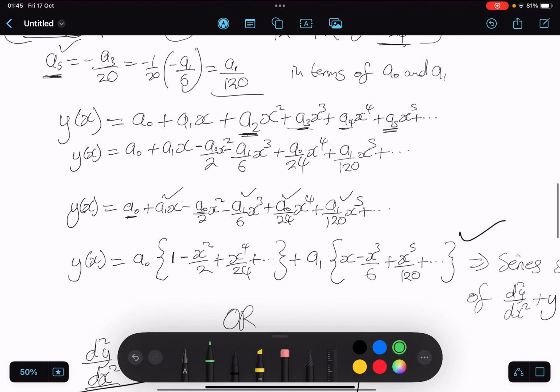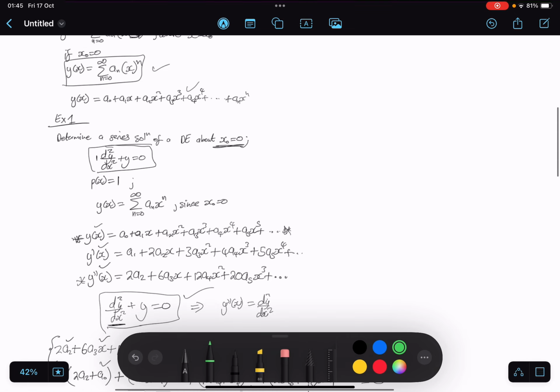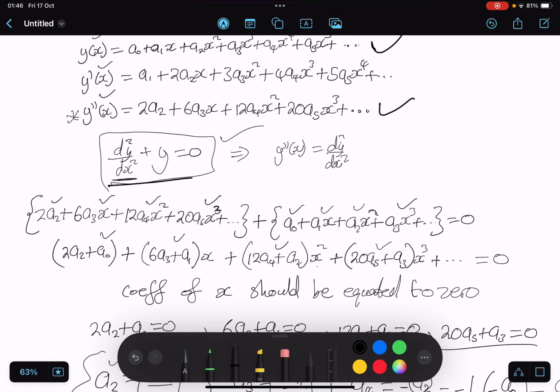Or you can use the first method whereby right off the bat we just expanded the series solution, the series into a0, a1, a2, a3, a4, a5, just like here, and then you find the first derivative of the expanded series and the second derivative of the expanded series, and then you substitute in this differential equation.